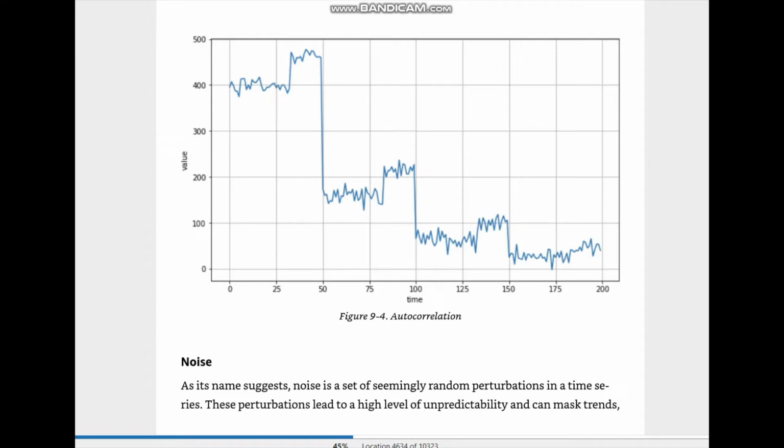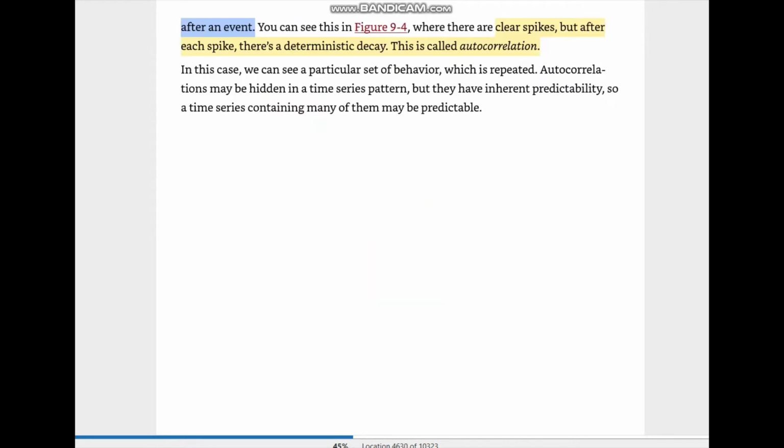And this drop comes over a period of time. So there is a low, a complete high, a sharp drop, then a low, some high, a sharp drop, and the whole scenario goes on, right? So in this case, we can see a particular set of behavior which is repeated.